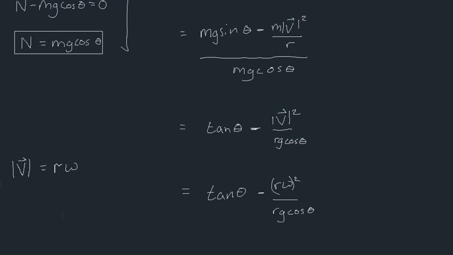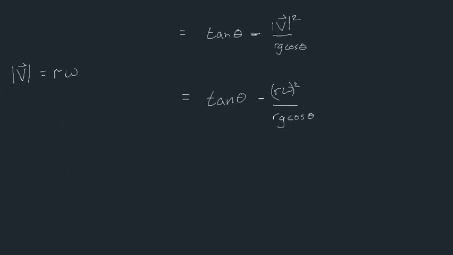And notice the r's cancel off, so that will be tan theta minus only the omega squared, over g cosine theta, where in our case theta is equal to 60, right? And this is our answer.